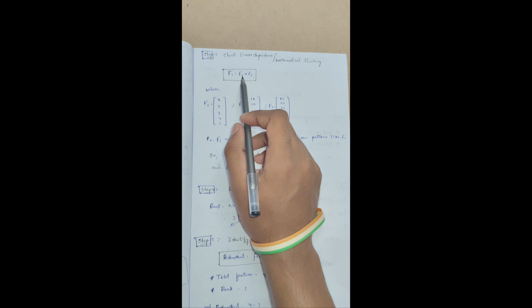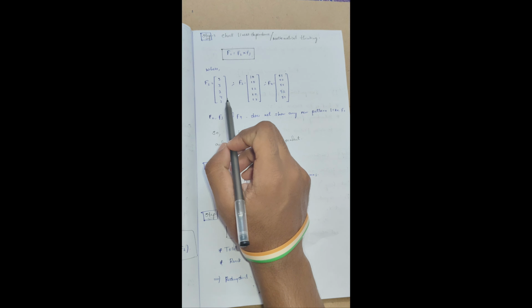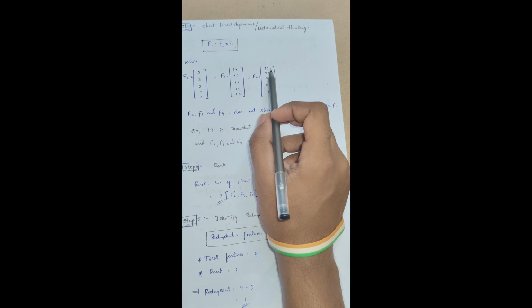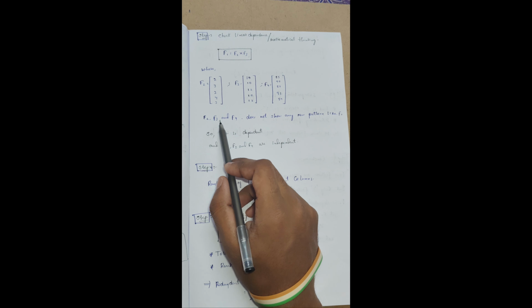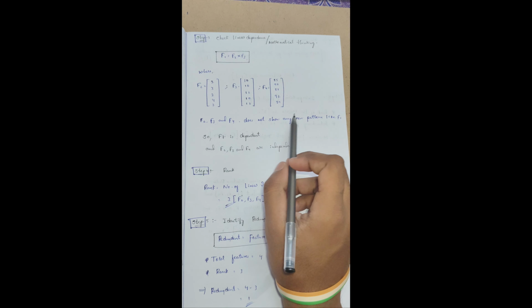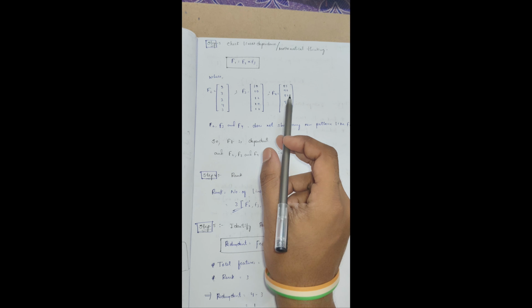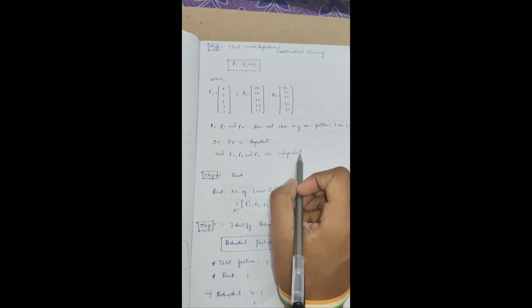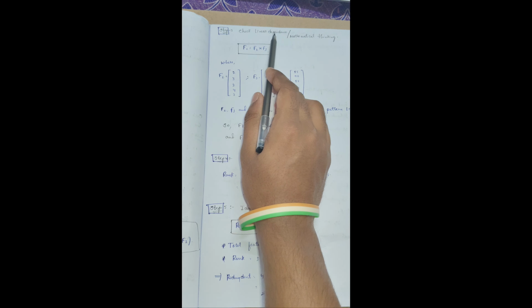F1 equal to F2 into F3, where F2 equal to 2, 3, 2, 4, 3, F3 equal to 10, 10, 12, 10, 12, F4 equal to 85, 90, 88, 92, 89. F2, F3, F4 do not show any pattern like F1, but F1 is dependent on F2 and F3. So F1 is dependent and F2, F3, F4 are independent. This is known as linear dependency.